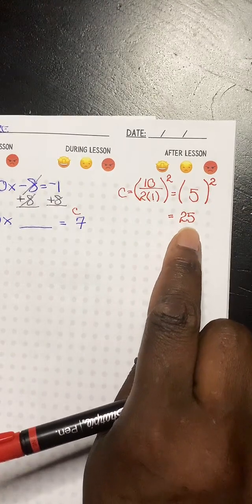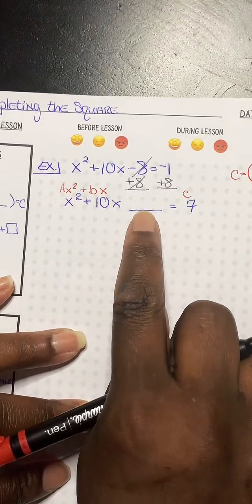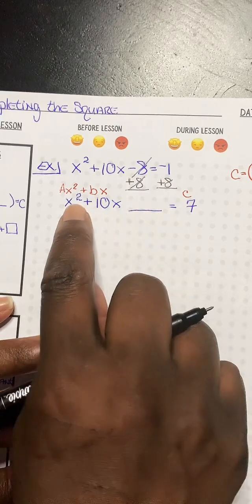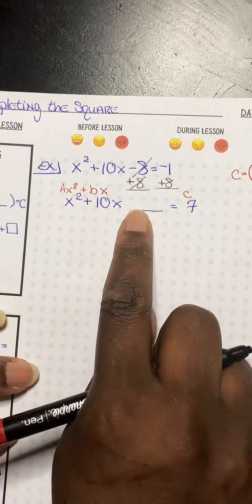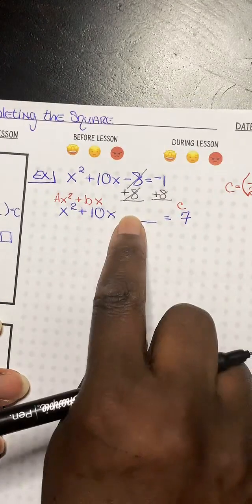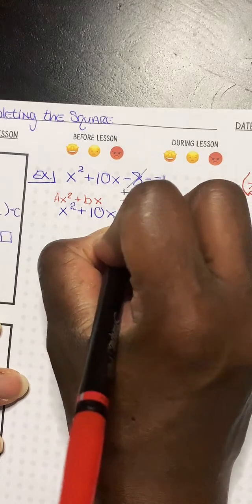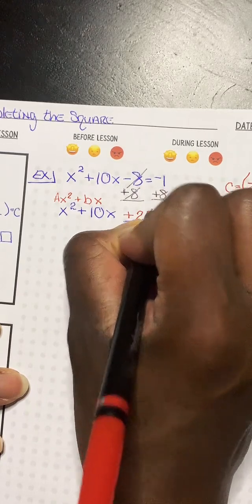We're going to use this 25 to complete our square, hence the x squared. So since it's a positive 25, we're going to add 25 to this side to complete the square.